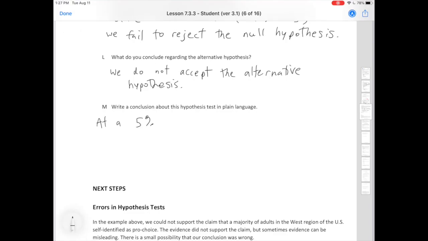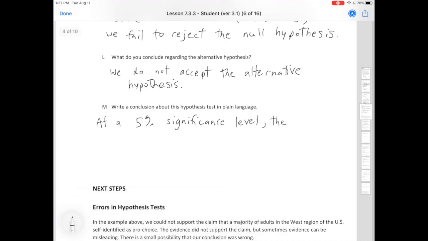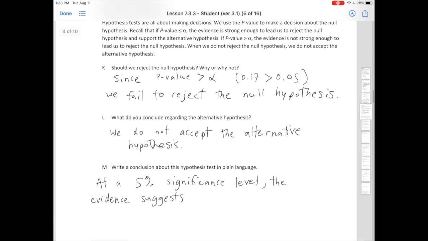At a 5% significance level, the evidence suggests, so what we want to say is that the alternative is not true.